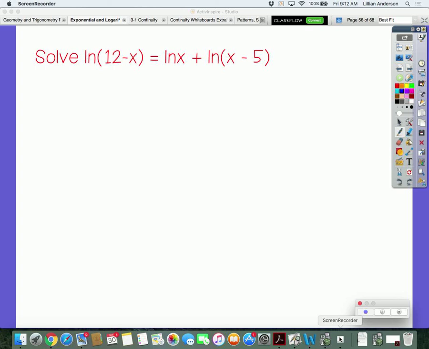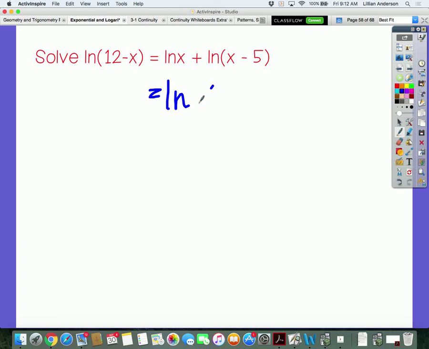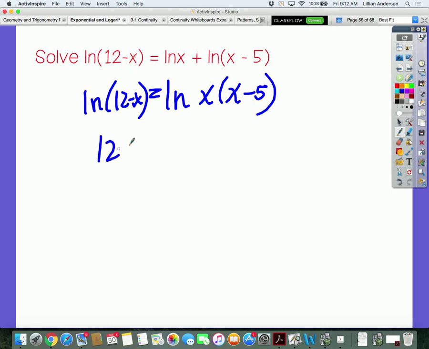But you can write the right hand side as one natural log by, what does plus mean? Multiply. So we're going to multiply x and x minus 5 together so that way we can have one log equaling to another log. And now that we have that, now the natural logs can cancel out, and we have 12 minus x equals x times x minus 5.